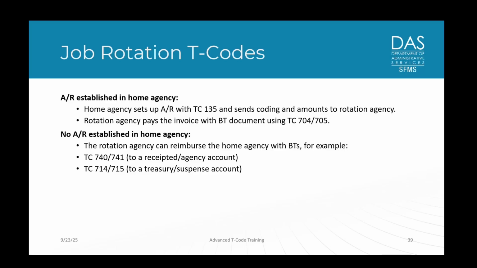Or the home agency does not set up the AR, and the rotation agency can reimburse the home agency with BTs, something like T-code 740, 741 if it is a receipt account, and T-code 714, 715 if that's the treasury suspense account.